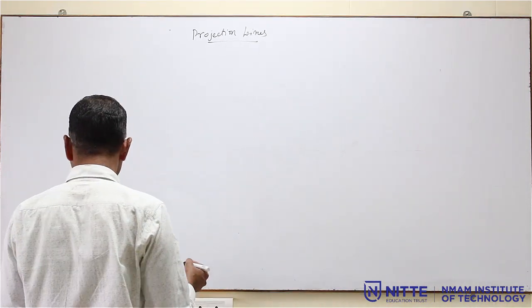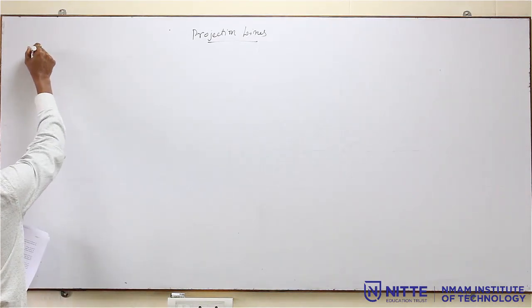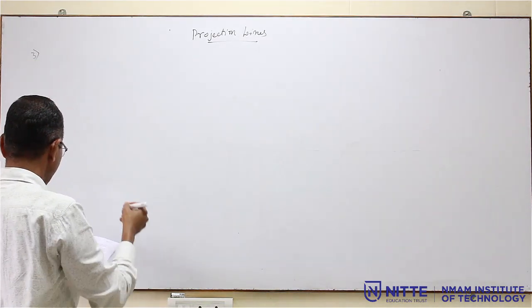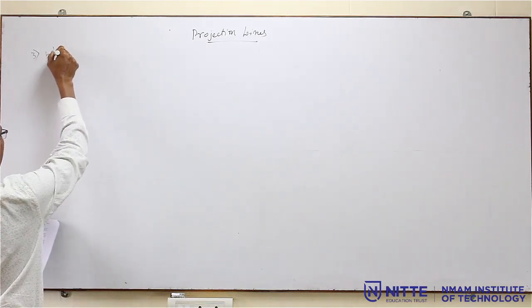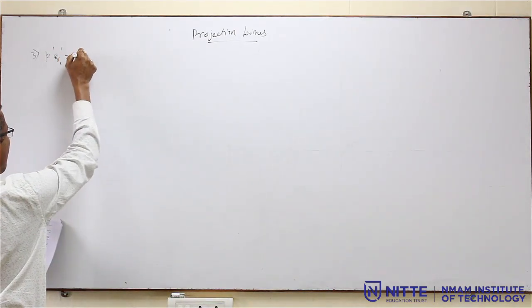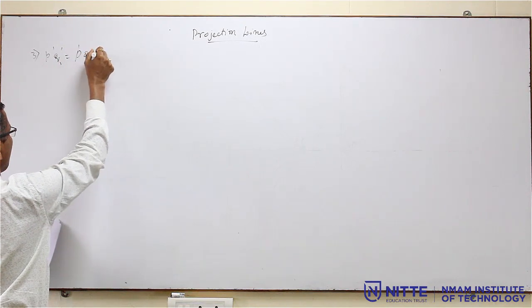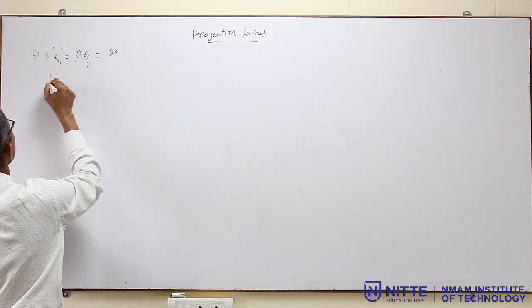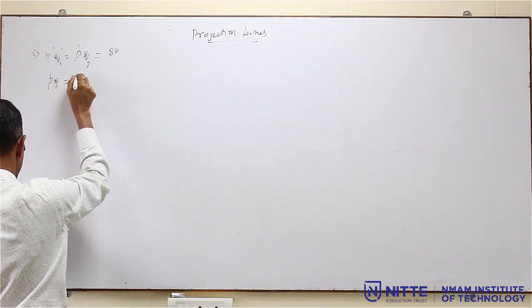First, note down the given data. True length is given, that is P dash Q1 dash equal to P Q2 equal to 80 mm. Top view measures, that is PQ is equal to 60 mm.